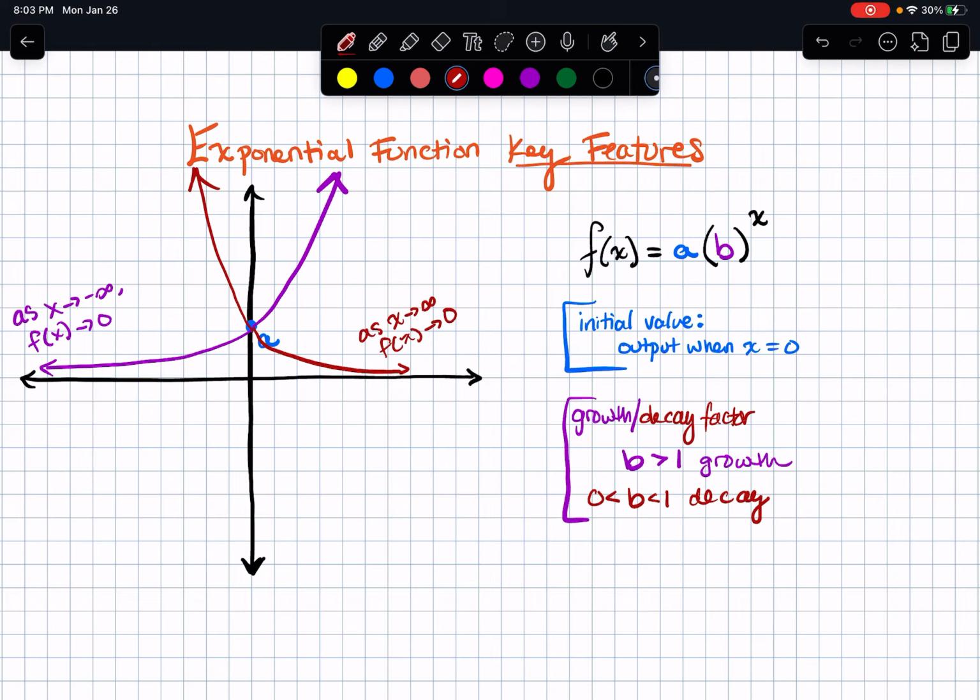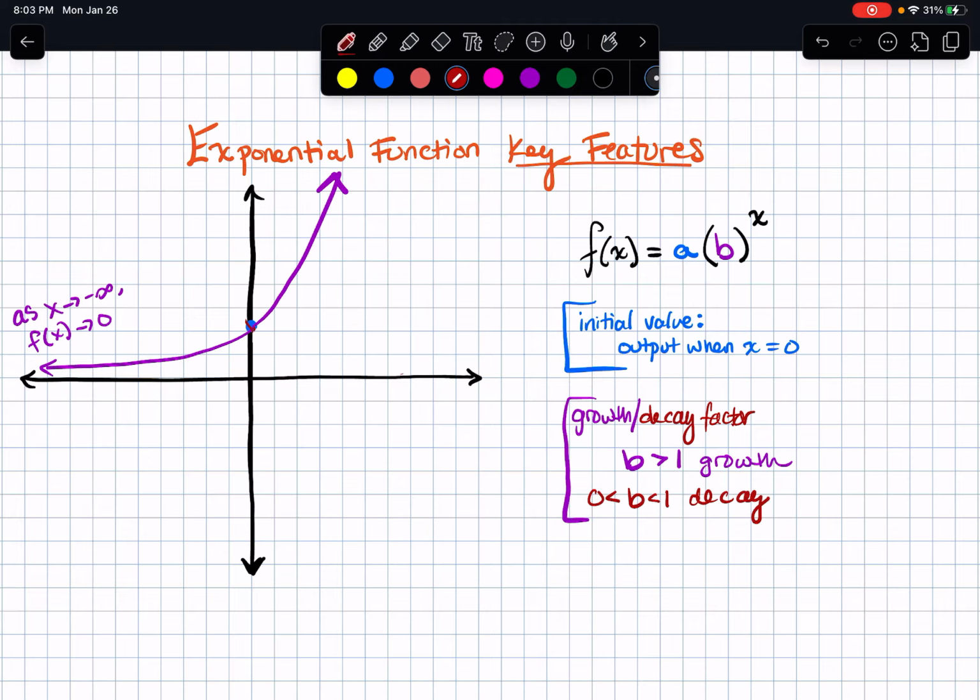This is the first thing we are going to add to our equation in Algebra 2, instead of just having f of x equals a times b to the x. I'm going to delete my decay graph. So let's just consider our growth function for a moment.